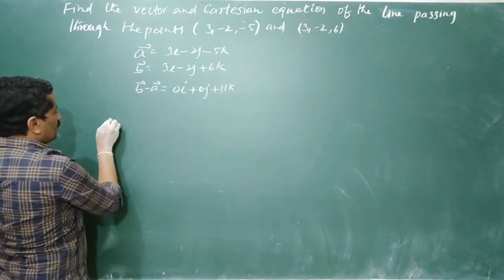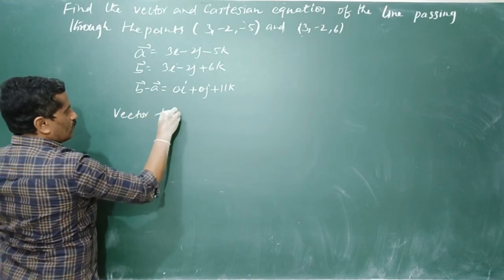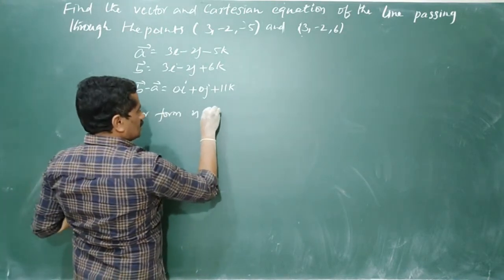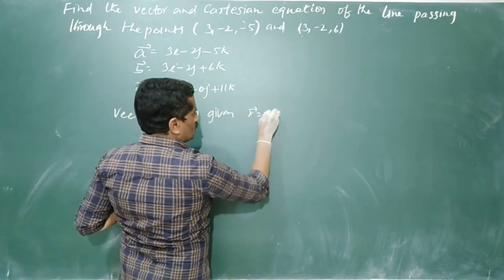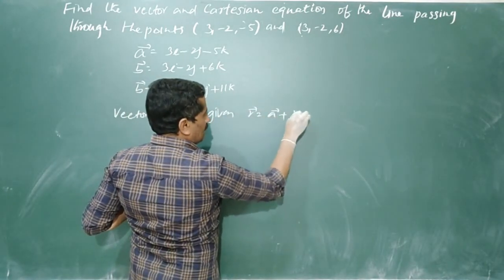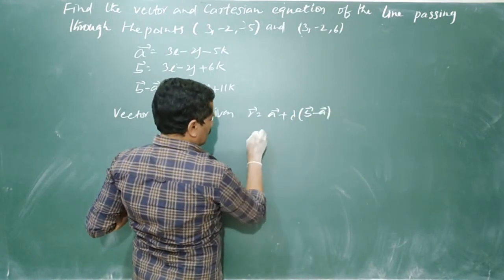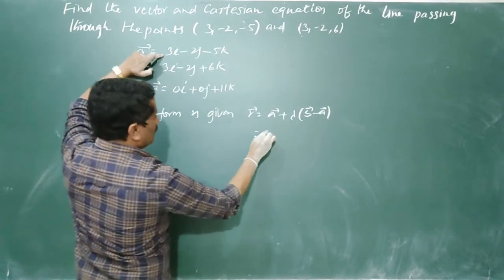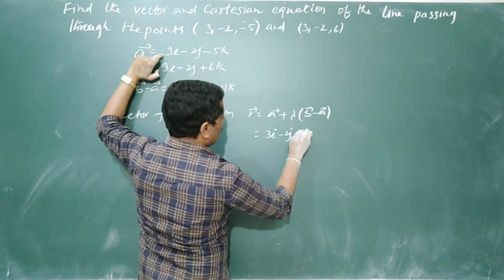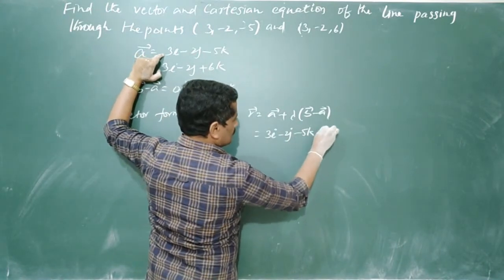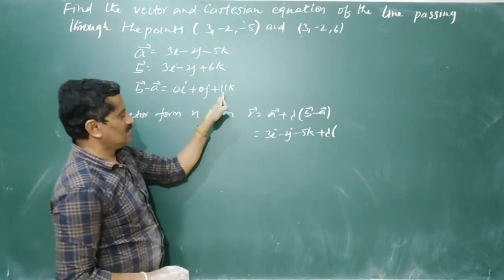Therefore the vector form is given by r bar is equal to a bar plus lambda of b bar minus a bar. Again that is equal to a bar, we have 3i minus 2j minus 5k plus lambda of b bar minus a bar, we have 11k.